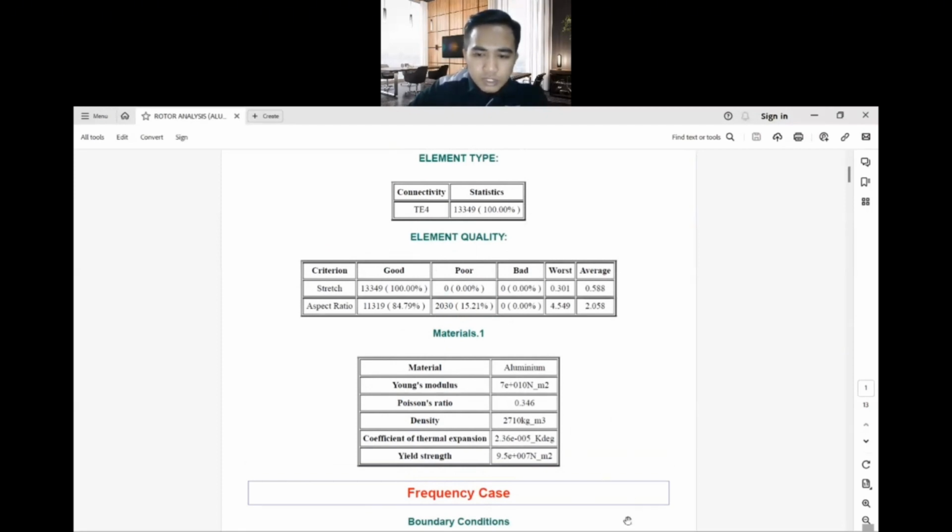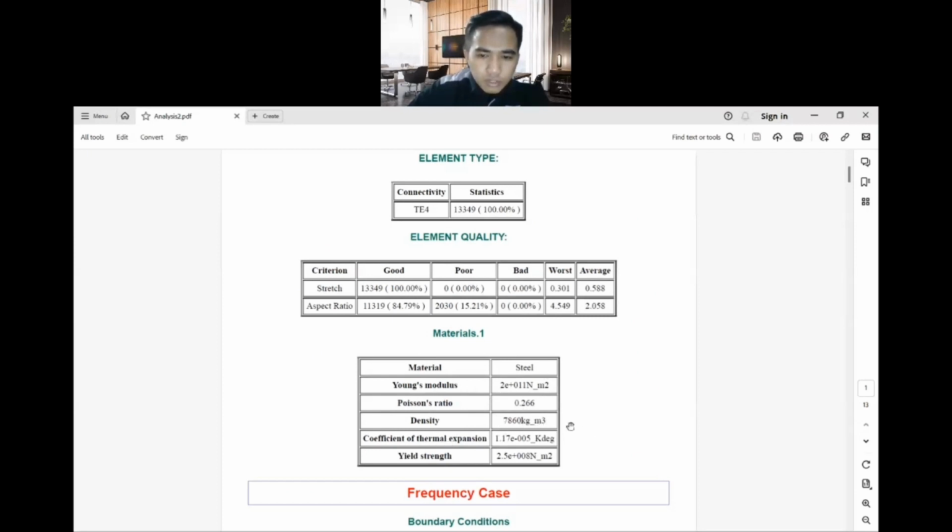The second material is steel. For the analysis of steel, the Young's modulus we get is 2 power of 11 Newton per meter squared, and the Poisson ratio of steel is 0.266, slightly different from aluminium, because steel is denser and much tougher than aluminium.